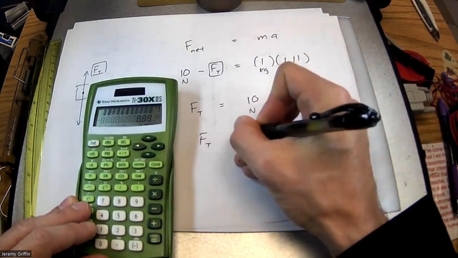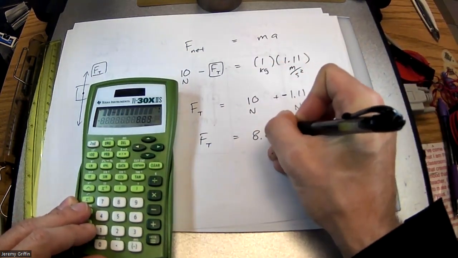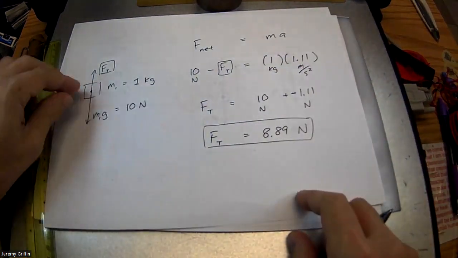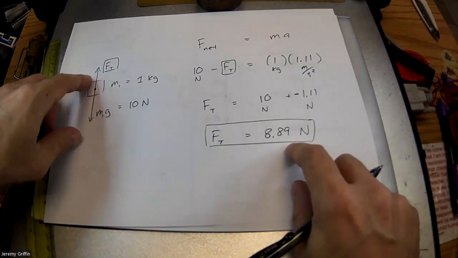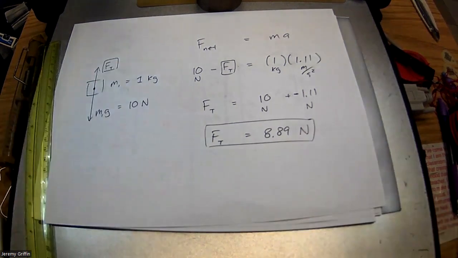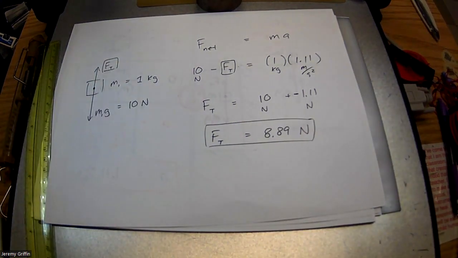That's tension force is 8.89 newtons. And that could pretty well make sense, right? If it's 10 newtons down and 8.89 newtons up, that's a very small net force, which means it's going to accelerate slowly, which is consistent with a small weight pulling a very large mass. Okay, is that okay?